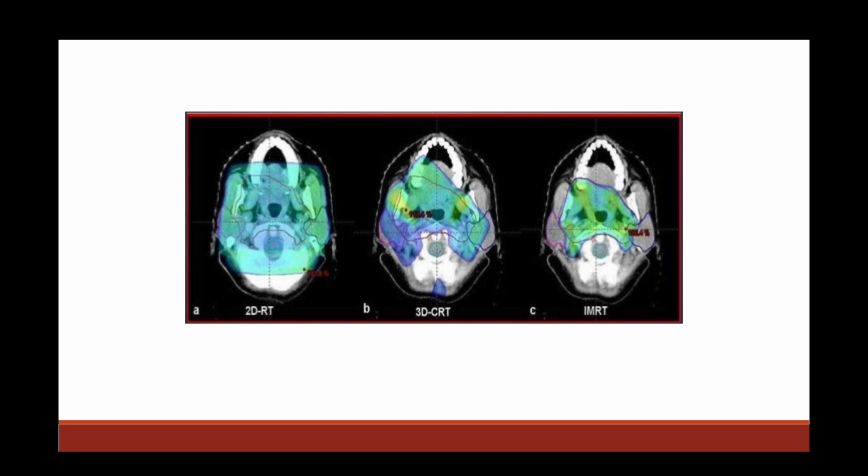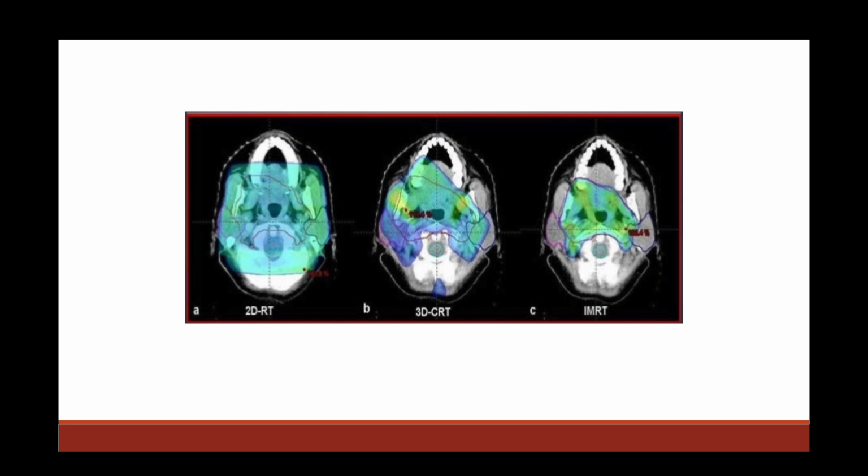With 3D conformal radiation, we're starting to see that dose cloud is better shaped to our treatment target. However, we still have quite a bit of spill outside of the intended treatment volume, and it's better, but it's not perfect. With intensity modulated radiotherapy now, with that same dose and dose cloud, we can see that the dose is much more nicely conformal to the target volume, and we don't have a lot of extra dose spilling outside of our target.